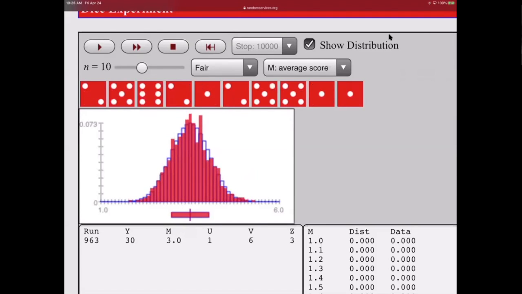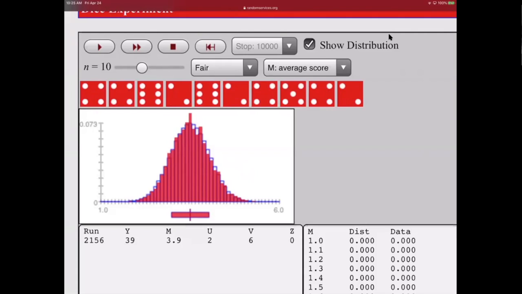We can't control the distribution of a random variable. It is what it is. So the roll of a die, just one die, the variable being the roll, we originally said that's a uniform flat distribution because every roll has the same probability. So that variable does not have a normal distribution.